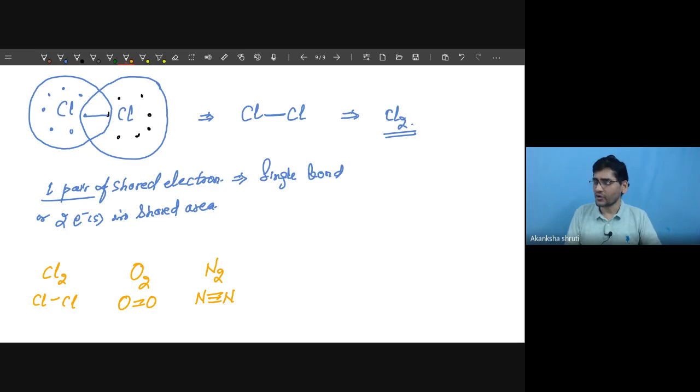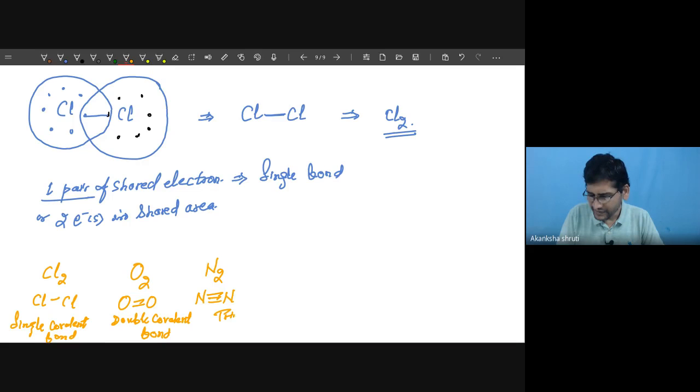Though all are covalent bonds, the first one has a single covalent bond, the second one has a double covalent bond, and the third one has a triple covalent bond.